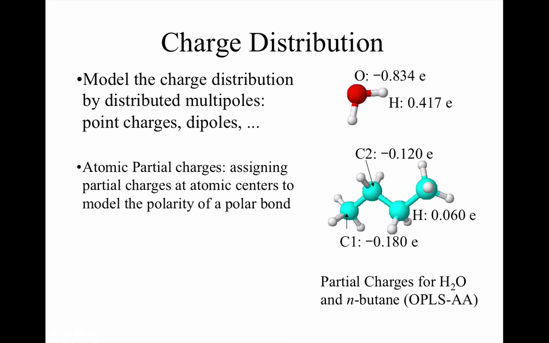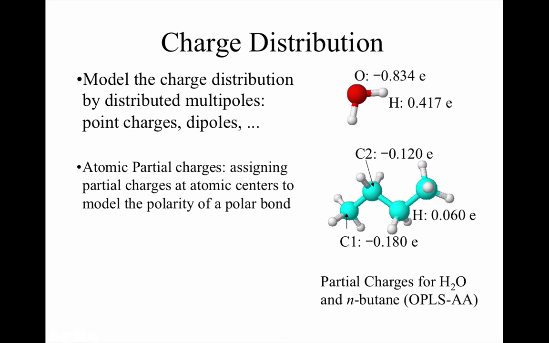This is the case, for example, in water, where oxygen has a high electronegativity, meaning that we have a residual charge of minus 0.8 at oxygen, and then approximately a residual charge of 0.4 situated at each hydrogen. This means that due to this charge splitting in our molecule, we will have electrostatic interactions.